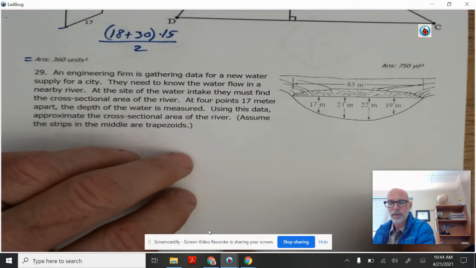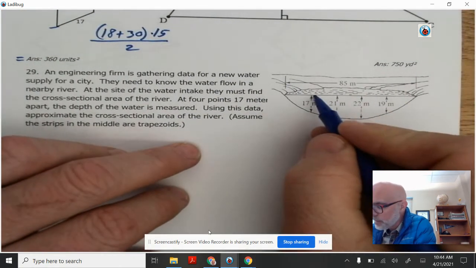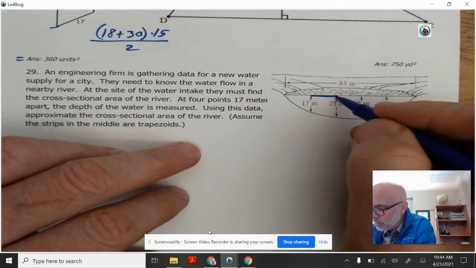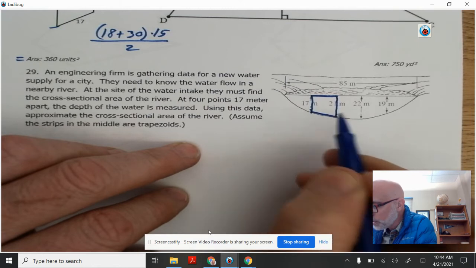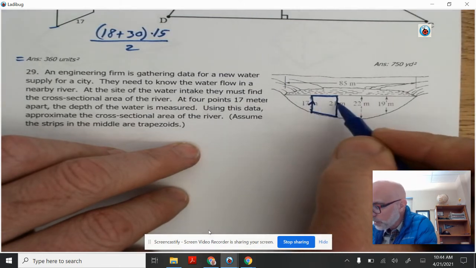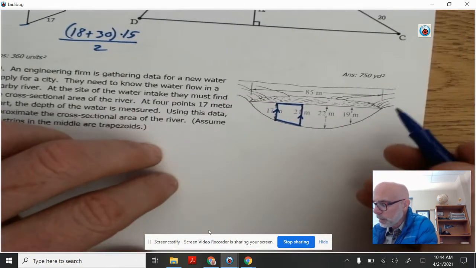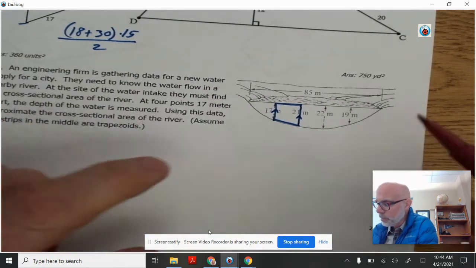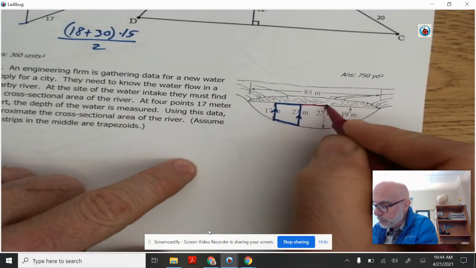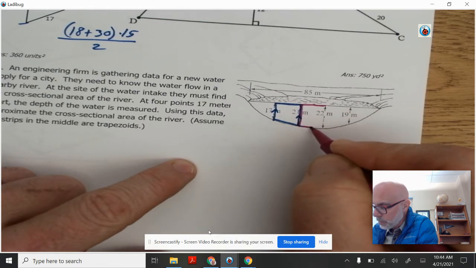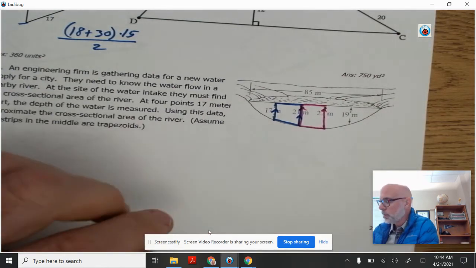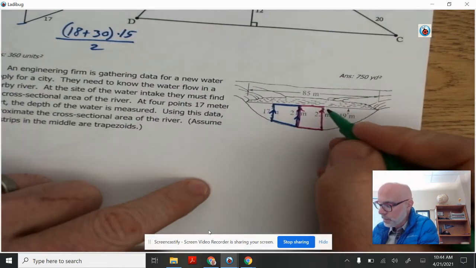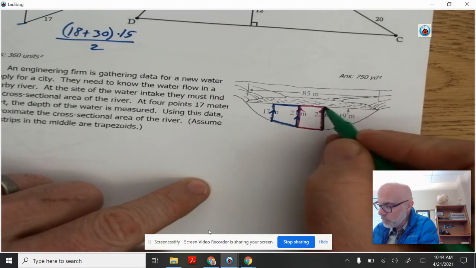The hint on this one down here is to divide this up. We're doing a rough estimate here. You'll need to read this and get an idea. If you divide that up, if you look at that shape, these two are parallel. There's another trapezoid, and there's another one right here. That's roughly a trapezoid. Those two are parallel, these two are not. You can divide this up and get a rough estimate of the cross section of this stream.